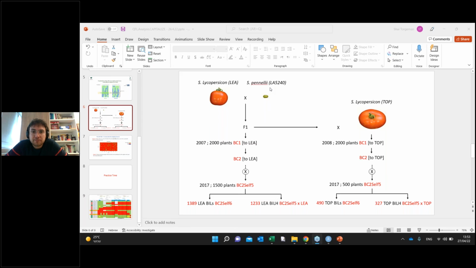And if, for example, a new disease appears in the market, you can screen the whole population and find the resistance in the BILs population or in the wild type itself. So it's a really nice and useful tool.